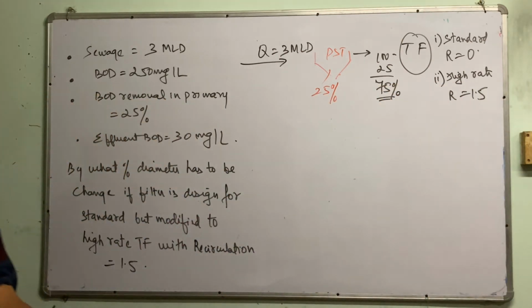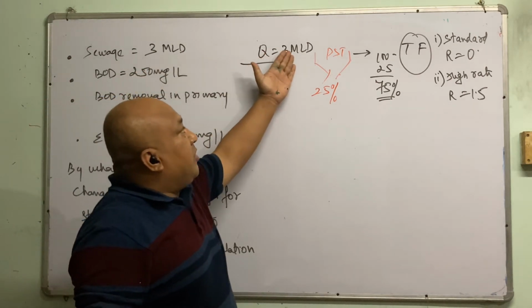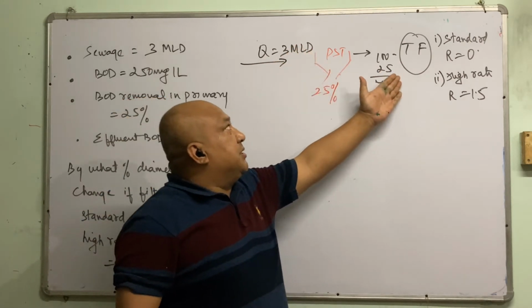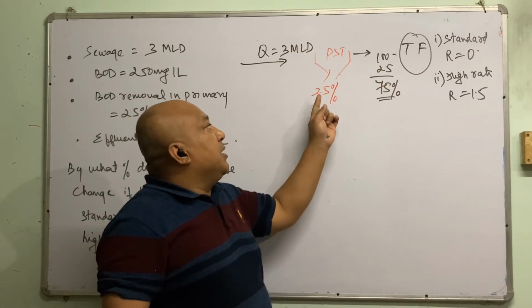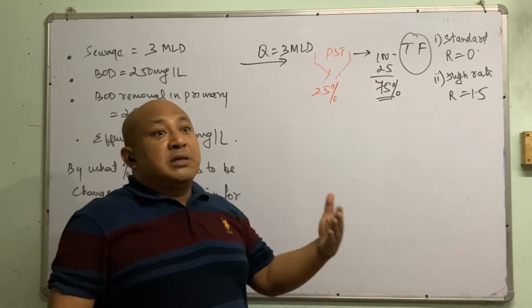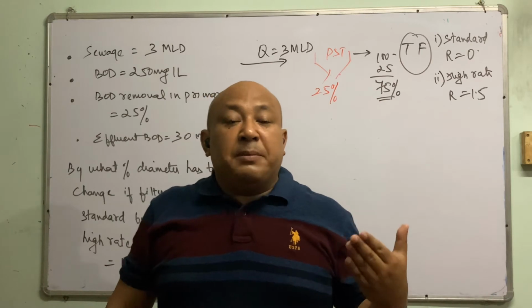Now, let me explain the question once more. The incoming sewage is 3 MLD, and before reaching the trickling filter, in the primary sedimentation part, 25% of the BOD is already removed, because some BOD may be floating or settle in primary sedimentation.